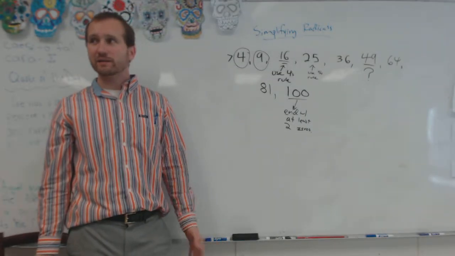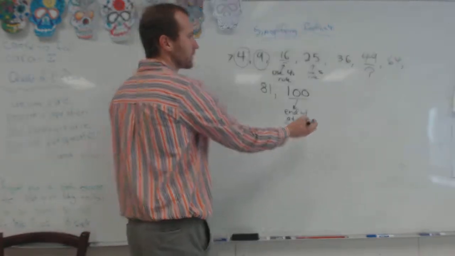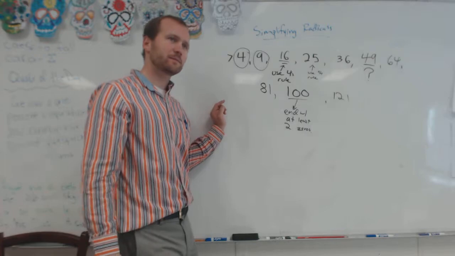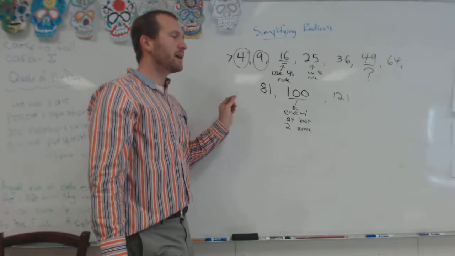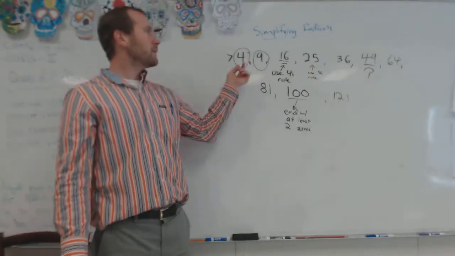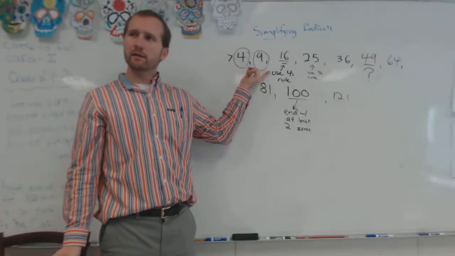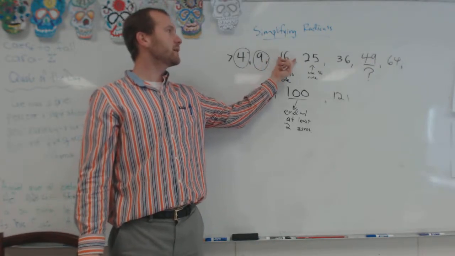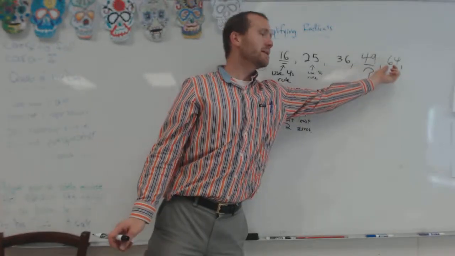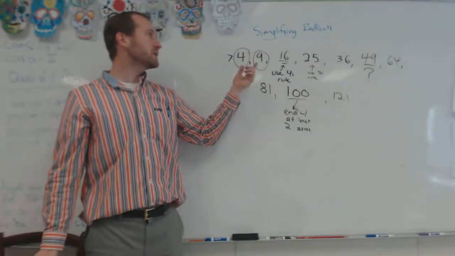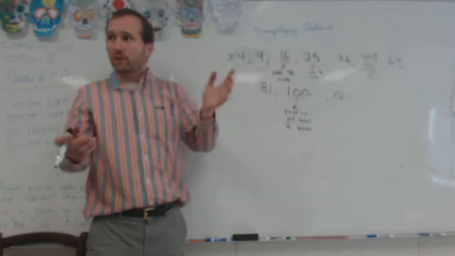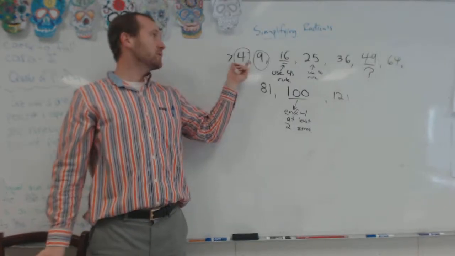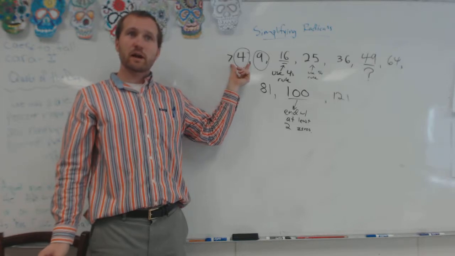And there are bigger ones, like you should know that 11 squared is 121, but I don't know any rules for finding that. The nice thing though, I don't know if you've noticed this, because of 4 and 9, every even number that's a perfect square has 4s in it. So if you notice the last 2 digits add up to 4, you're really on your way to breaking down those bigger radicals.